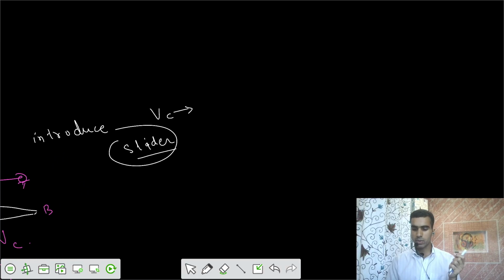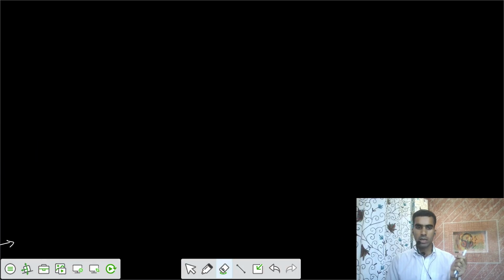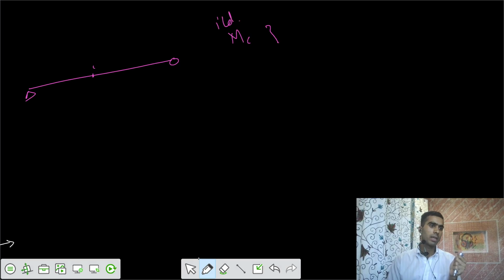Third one is that of a moment. You need the ILD for bending moment at any point C. Let's say this is point C. I need the ILD for moment at C. The statement is saying that you remove the restraint offered by that function.